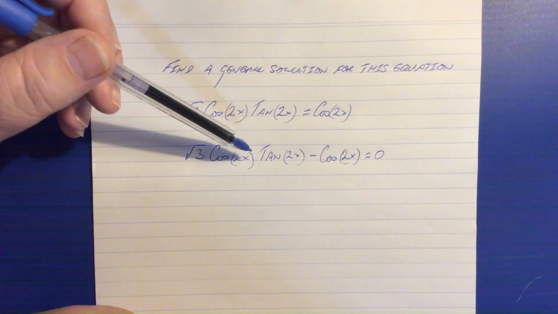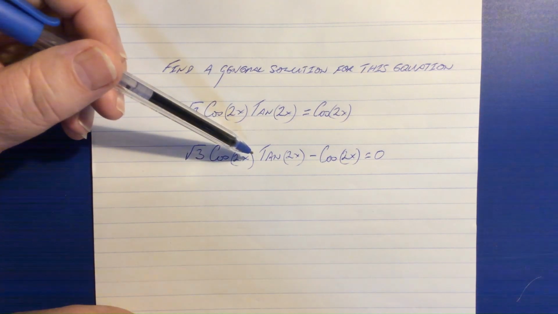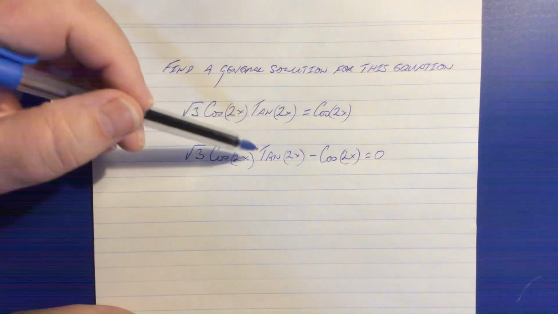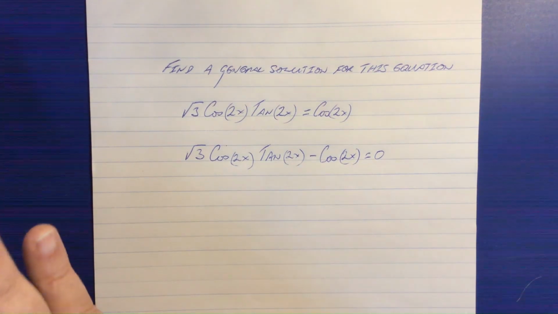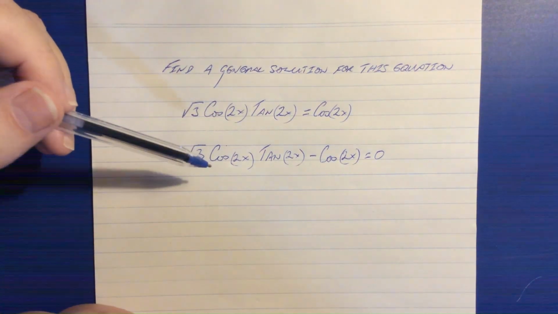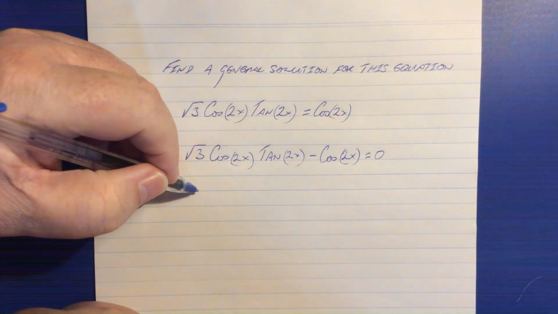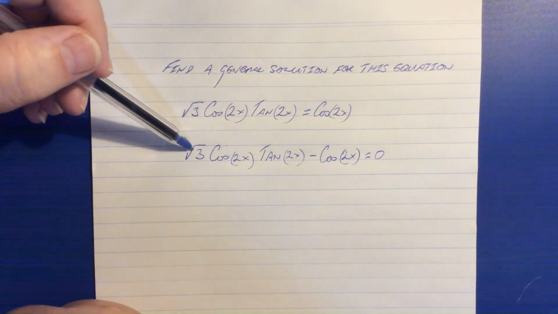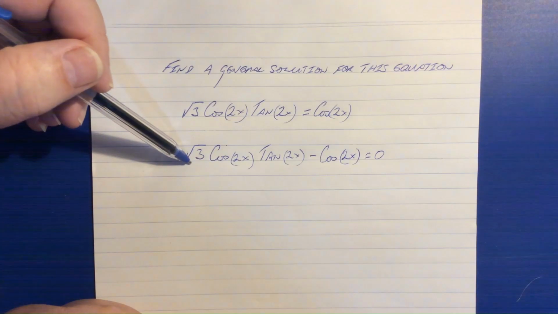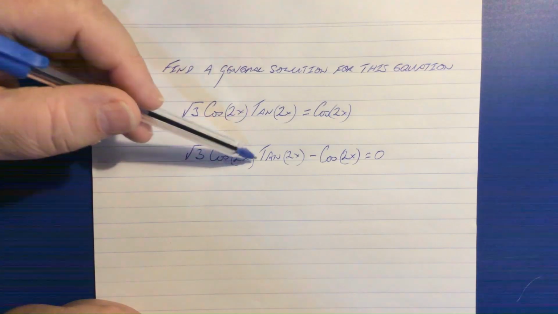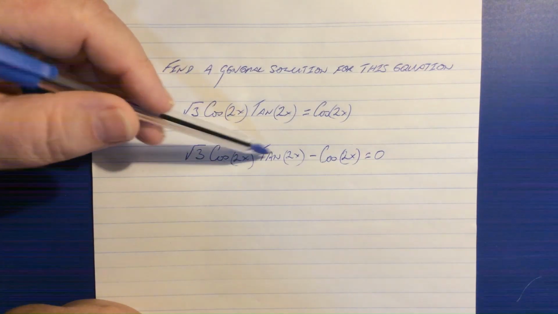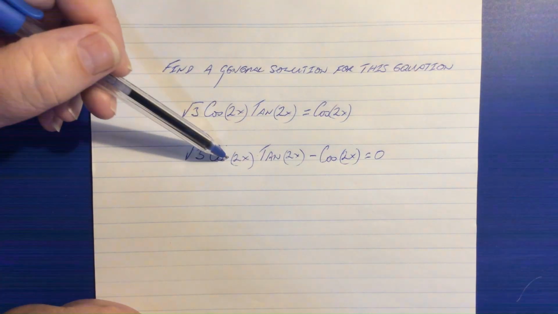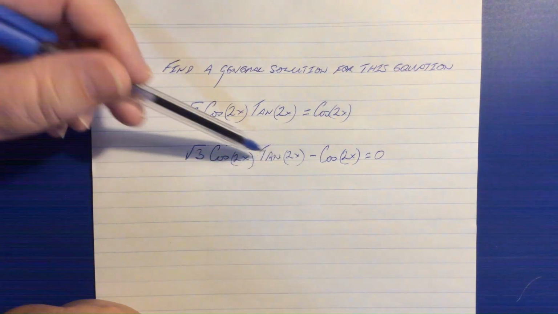Now, we can achieve a quadratic form as follows. This is going to take a slight redistribution of this root 3. I'm going to move this to here. It makes no odds because we have root 3 times cos 2x times tan 2x.